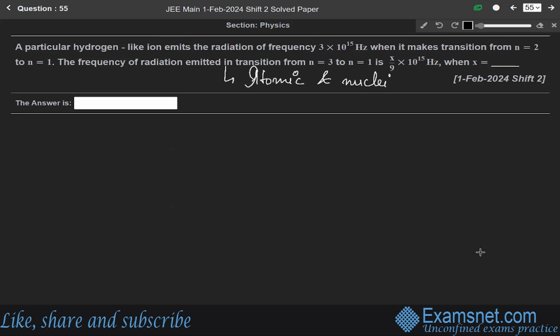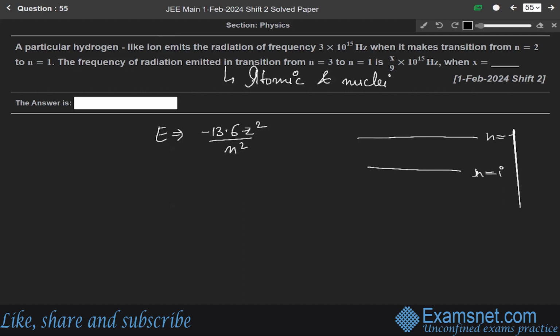Now, we know that the energy formula is what? Minus 13.6 z square over n square, okay? If we are having transitions from, let us say, initial state to final state, then we can write this energy expression as minus 13.6 z square into 1 over ni square minus 1 over nf square, okay?